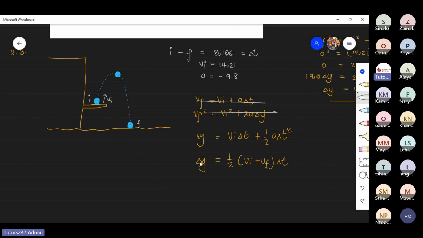Equation 4, there's final velocity, so that is out. So the only equation that we can now use is equation 3. So we are calculating for displacement. We have initial velocity, we have time, and we have the value of A. So we can now safely use equation 3 to calculate our height of the balcony above the ground.